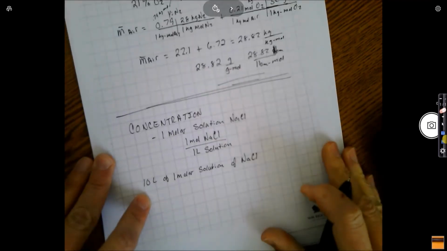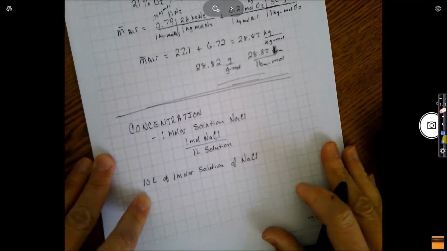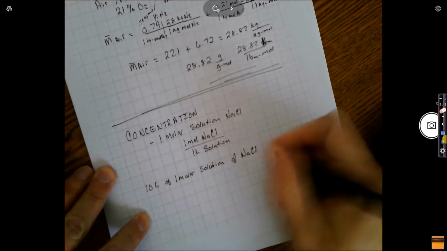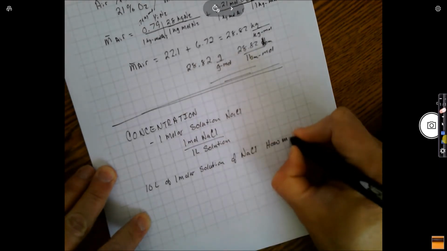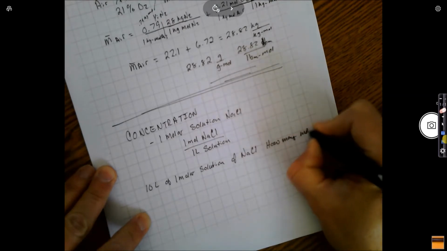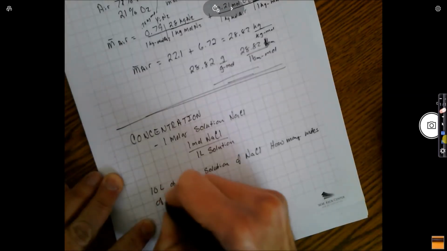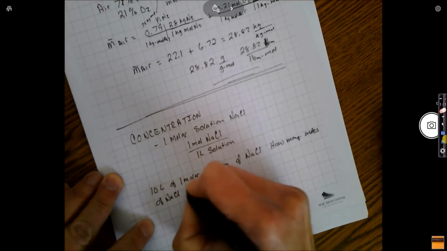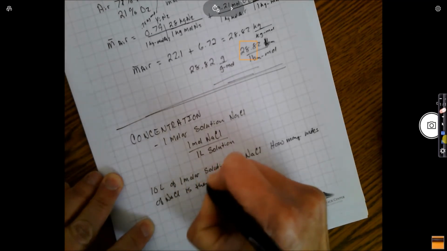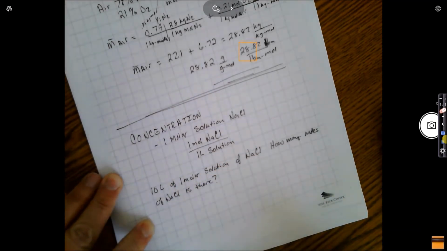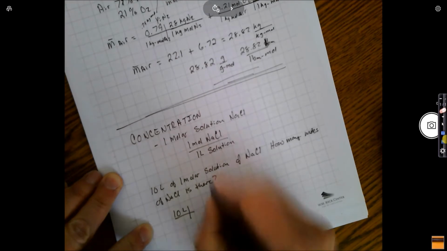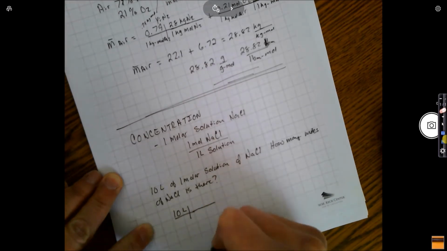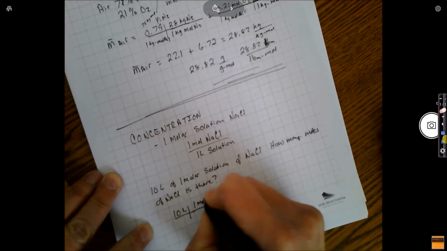We want to know how many moles there are. We start off with 10 liters, and 1 molar means there is 1 mole per liter.